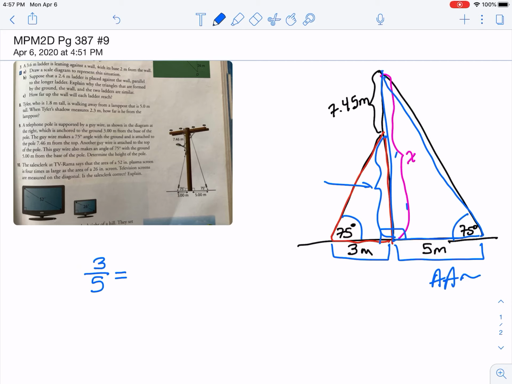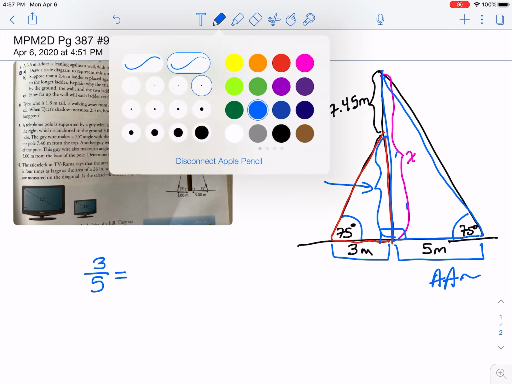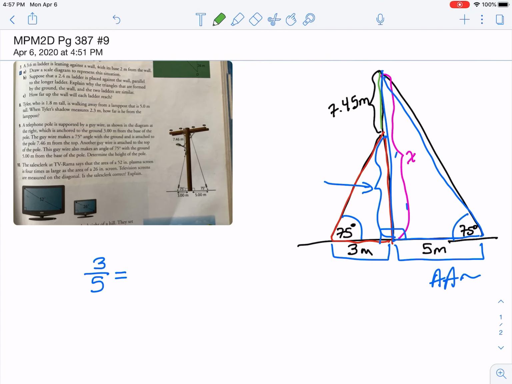So the question is, how long is that? Well, if the whole length is x, and this little bit is 7.45, then what's left for this little bit here?